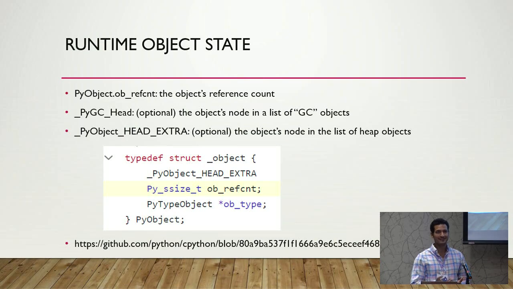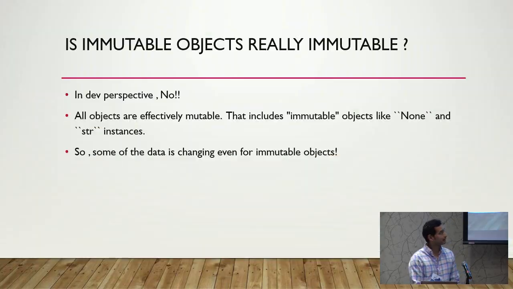So immutable objects are not really immutable actually, in reality, correct? Because it has that inherent property. So that's what we came to know. Are immutable objects really immutable?